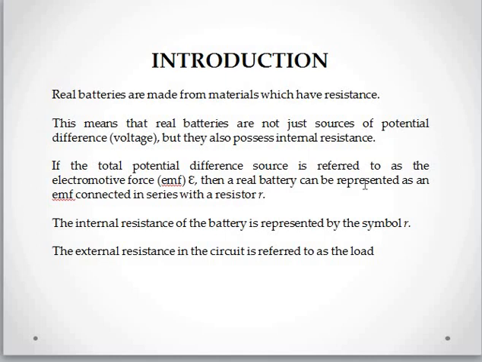So there's therefore not just sources of potential difference, but they also possess internal resistance. The internal resistance consumes some of the energy that is produced. Okay, so the total potential difference of the source is referred to as the electromotive force.